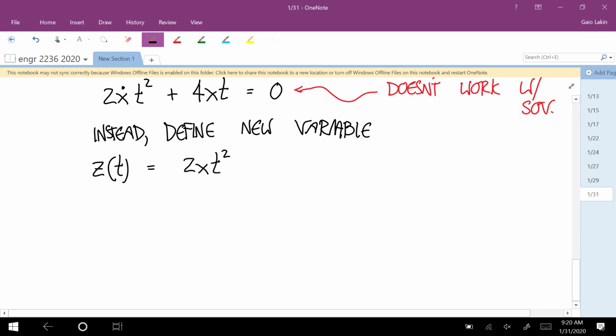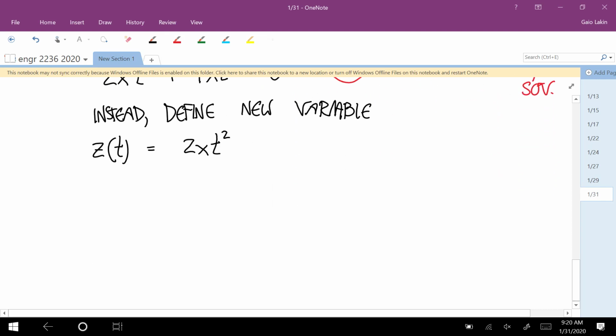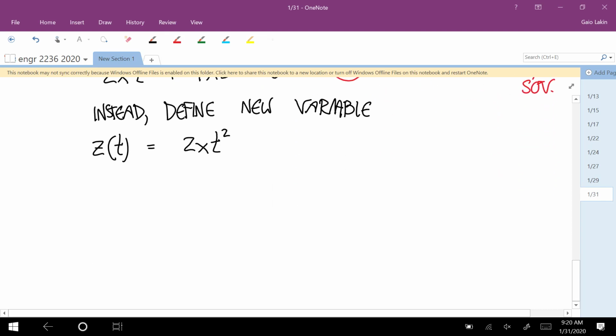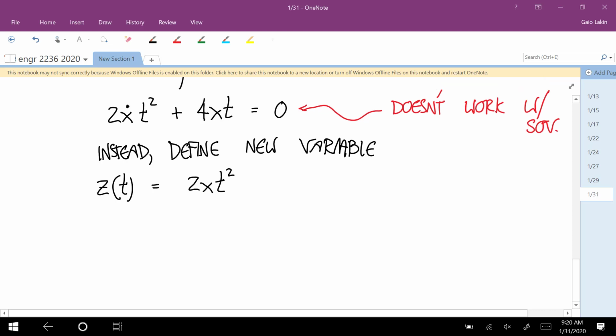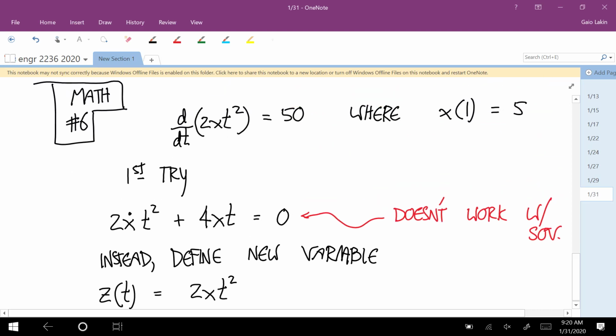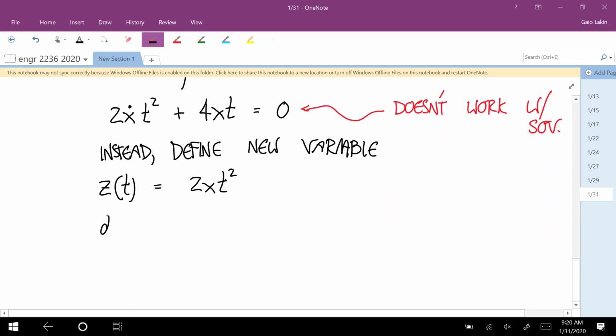So we have this new thing. That's totally fine. And now our differential equation says the time derivative of z is equal to 50. We also have to change the boundary conditions.